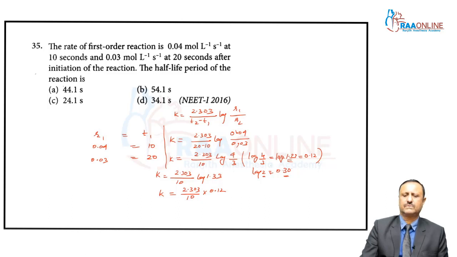So my dear students, you get 0.12 here. Then this is 2.303 upon 10, and when you multiply all the values, you get 0.028 as the value of k.